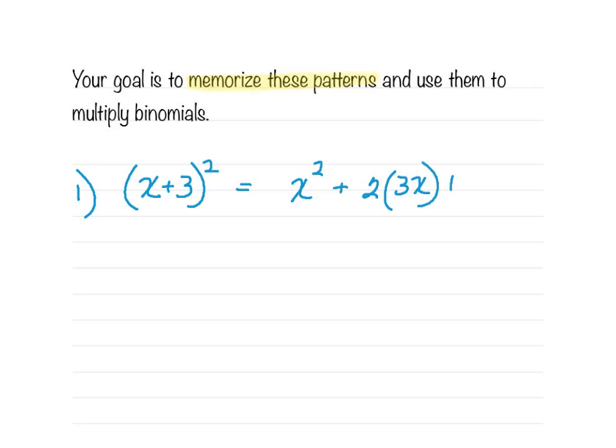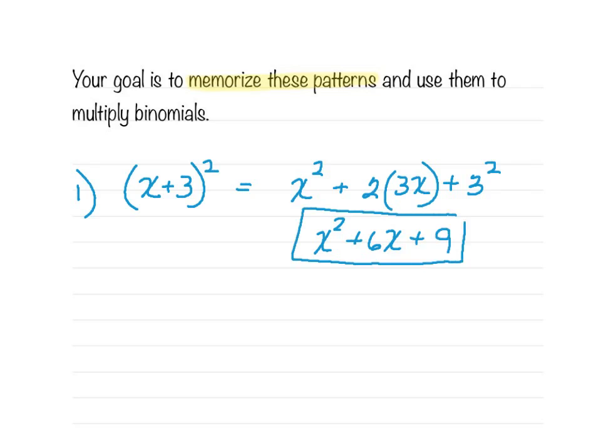And then I'm going to add the second term, 3 squared. Let's simplify. X squared plus 6x plus 9. And that would be your product. Okay, once you get used to this pattern, you can skip this step. You can do all of that in your head and just follow the pattern.